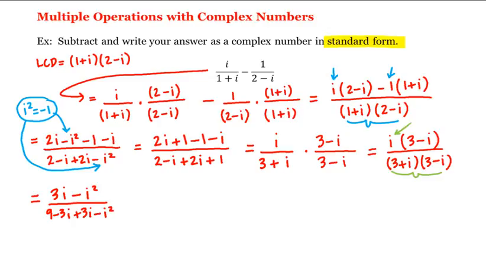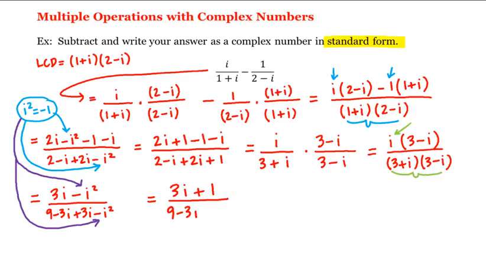And again, we can use this fact up here that i squared is equal to negative 1, both here and here, which gives us 3i minus a negative 1, which is plus 1, divided by 9 minus 3i plus 3i, and then minus a negative 1, which is plus 1.